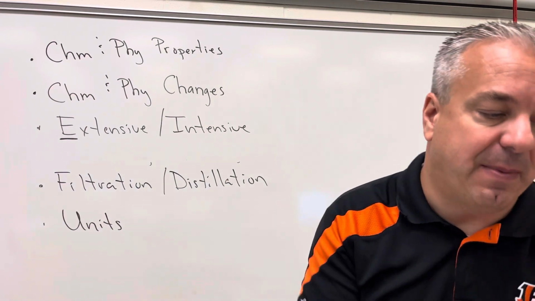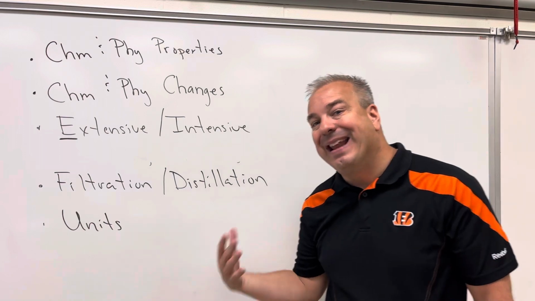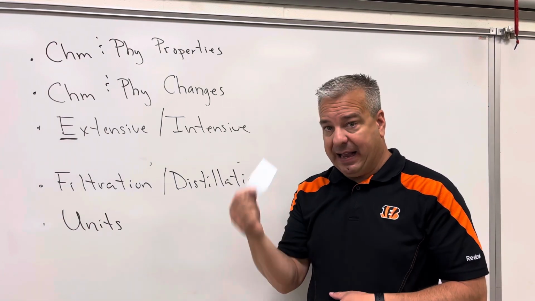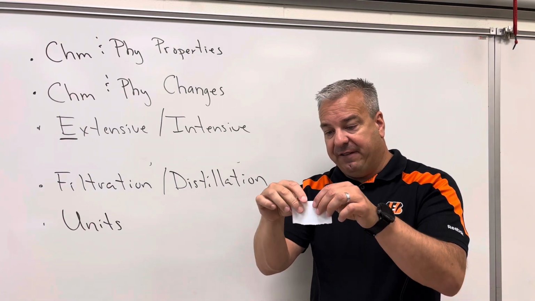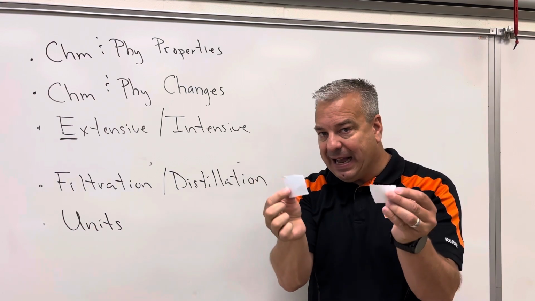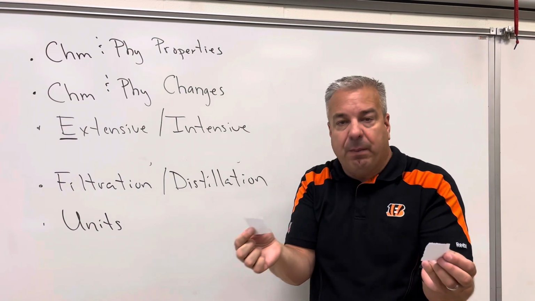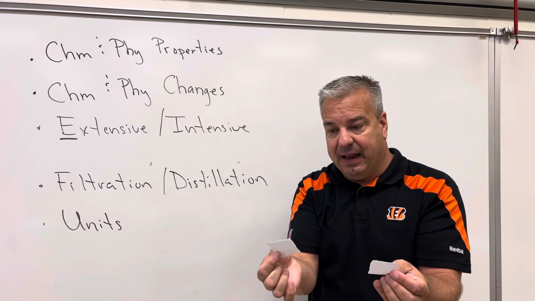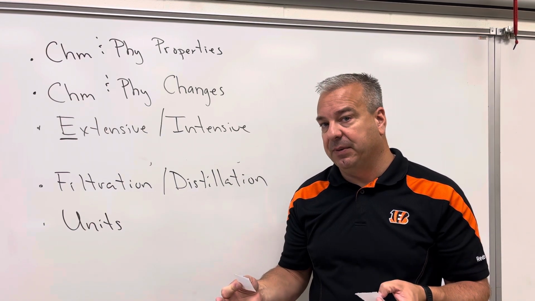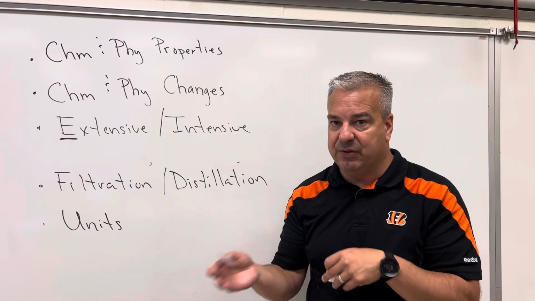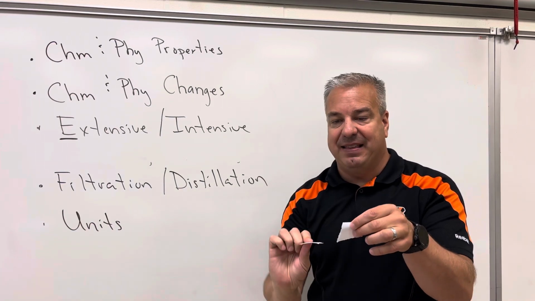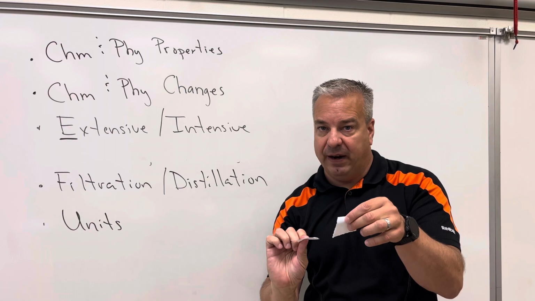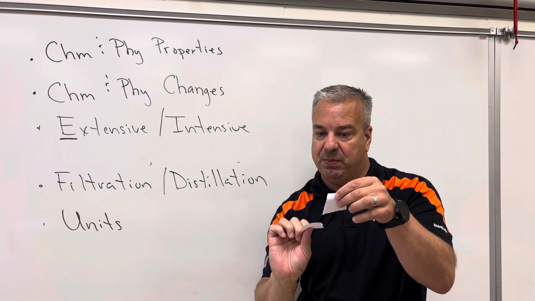Well, let's talk about a physical change that might not be reversible. I've got a piece of paper here, and if I tear it, did the composition change? No, they were paper molecules before, and they're paper molecules now. But is it reversible? Remember, to be reversible, I have to do the exact opposite. I made this motion when I tore it, so let's do the opposite motion, going up.